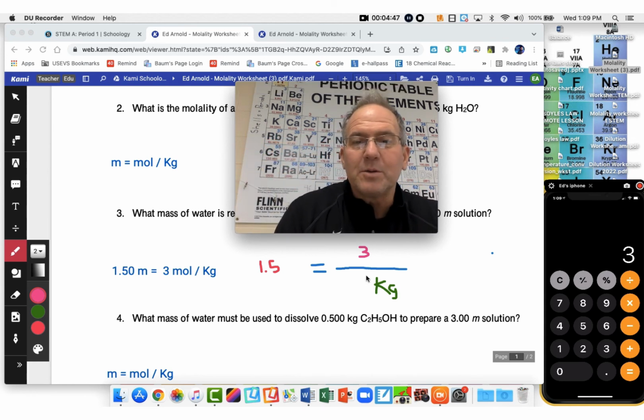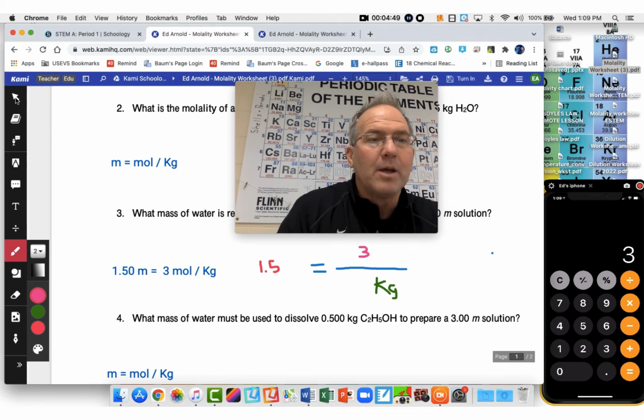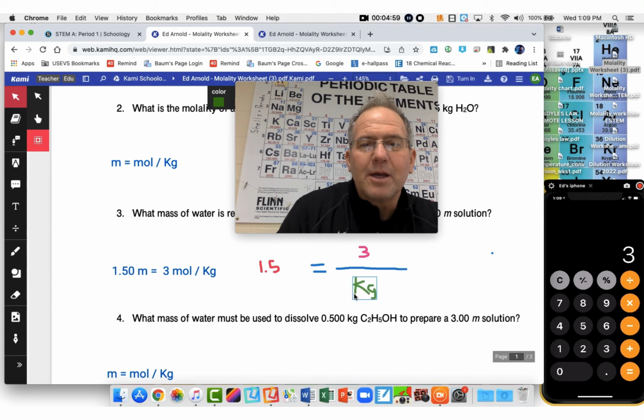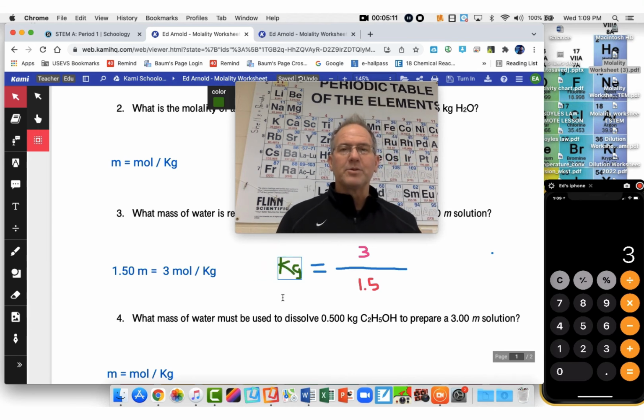So I'm going to swap these 2 out. I'm going to take this, kilograms, and move it up here. I'm going to take this 1.5 and move it down here. And lo and behold, I have kilograms on one side by itself. And that's what I'm trying to get.